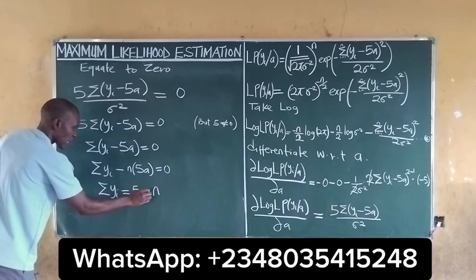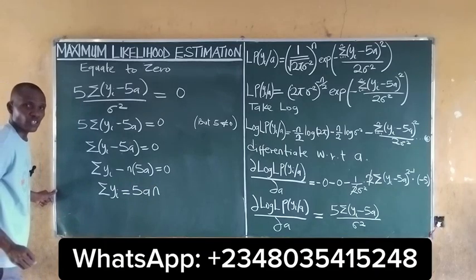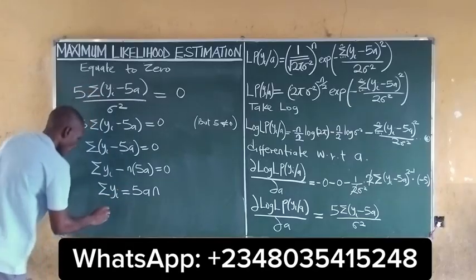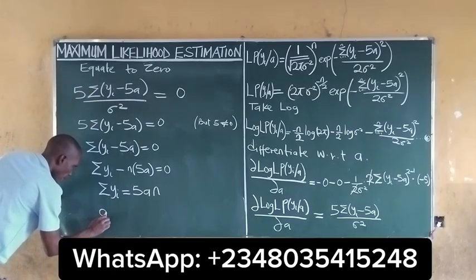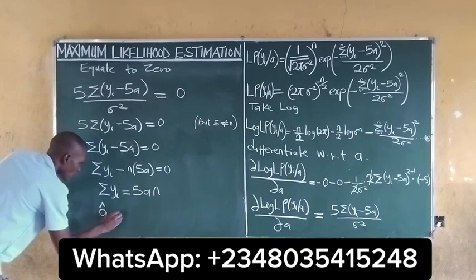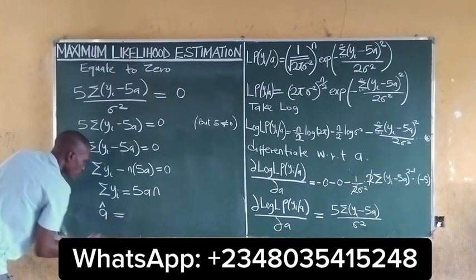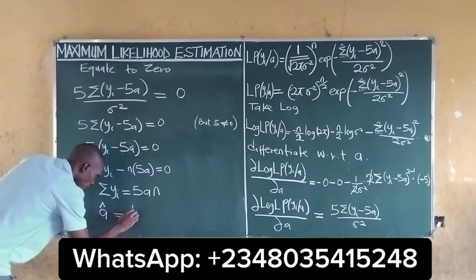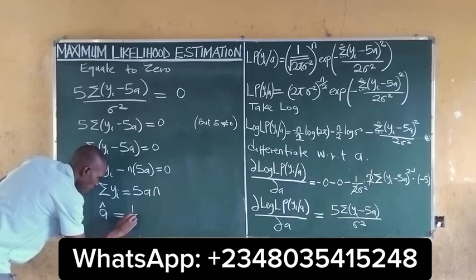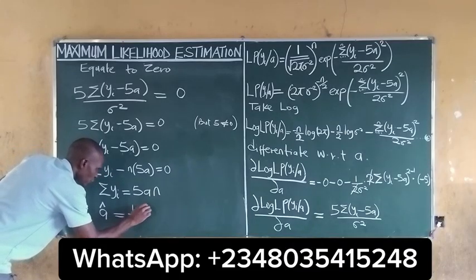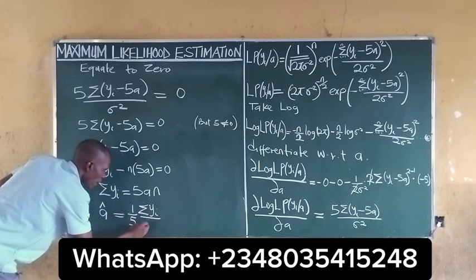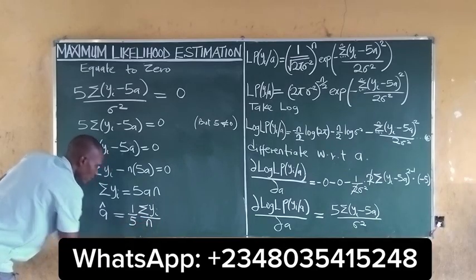Of course, we can now make our a the subject of formula to become our estimate. So a estimate will be equal to 1 all over 5 summation of yi all over n.